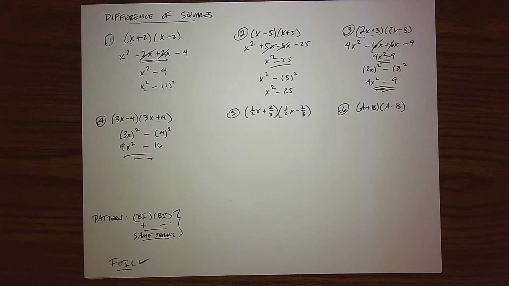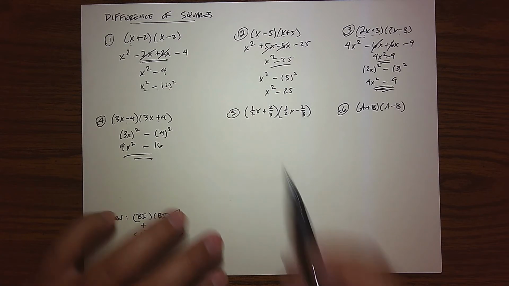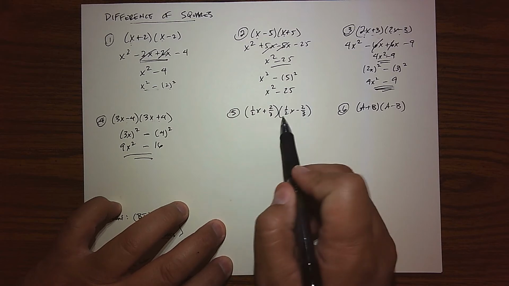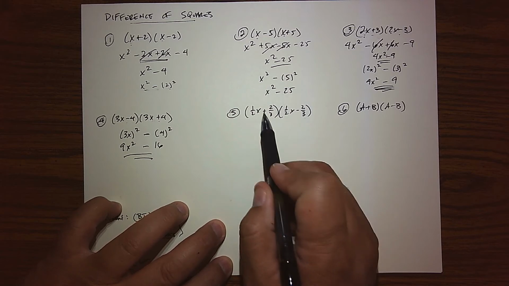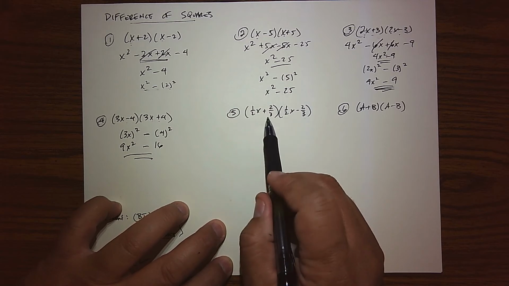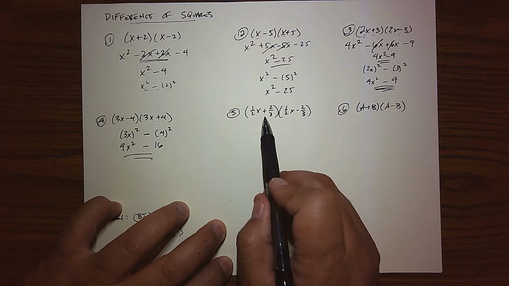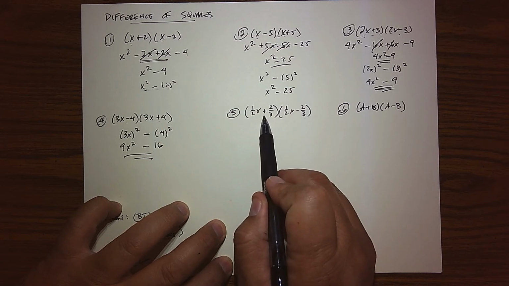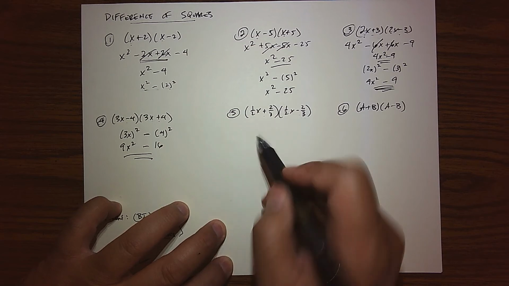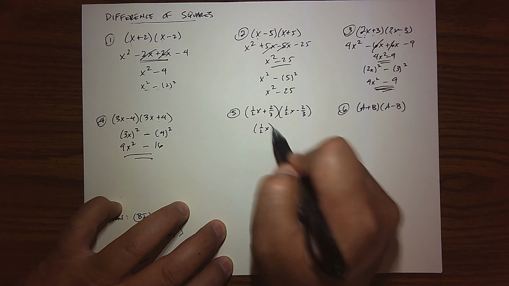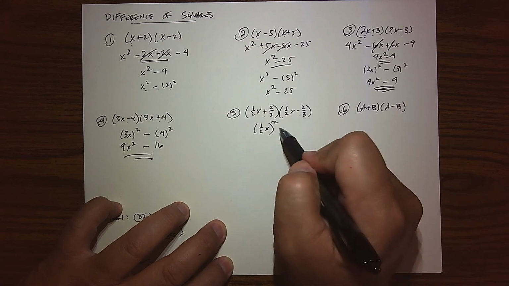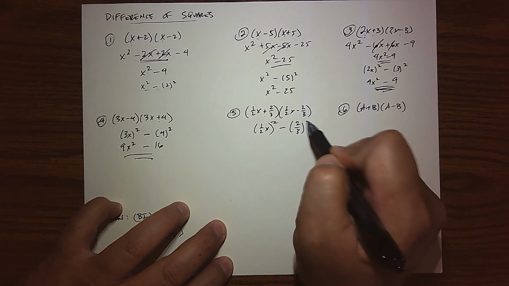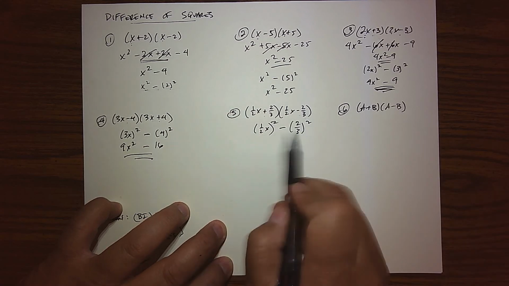Of course, I invite you, if you're not sure, go ahead and FOIL it out and see for yourself that it works. And then number 5, pushing around fractions. Again, we saw in the last video that's doable, but it gets a little crazy. But I'm going to use my difference of squares pattern here because I see a plus and a minus in the same two terms. So I'm going to take the first term and square it, and subtract the second term squared, the difference of squares.